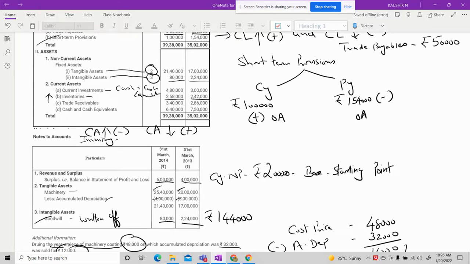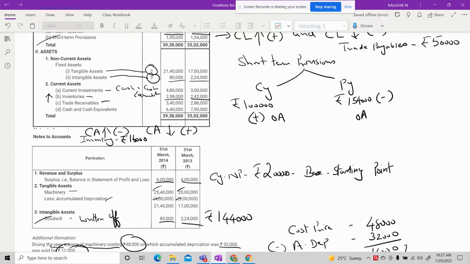From 2,58,000, if you subtract rupees 2,42,000, it will be an amount of rupees 16,000. So inventory value will be rupees 16,000.